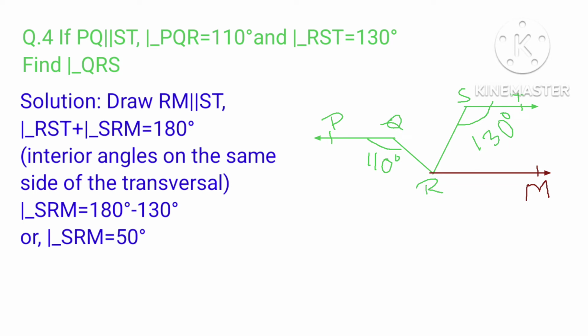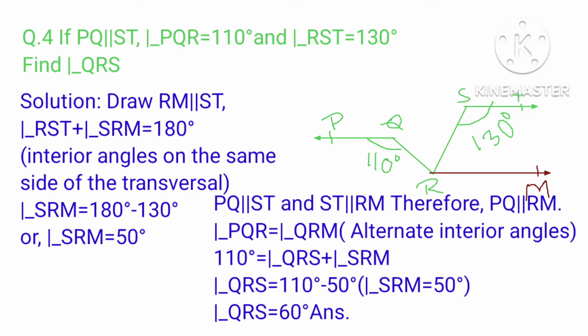Draw line RM such that RM parallel to ST. So angle RST plus angle SRM is equal to 180 degree, interior angles on the same side of the transversal. Angle SRM is equal to 180 minus 130, or angle SRM is equal to 50 degree.